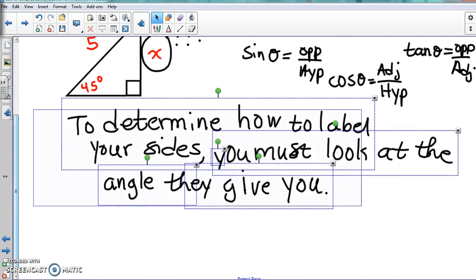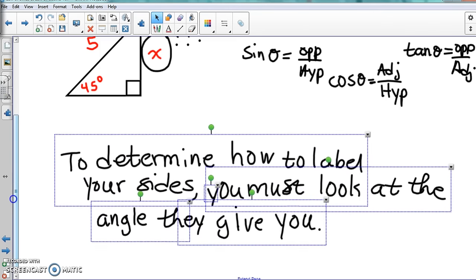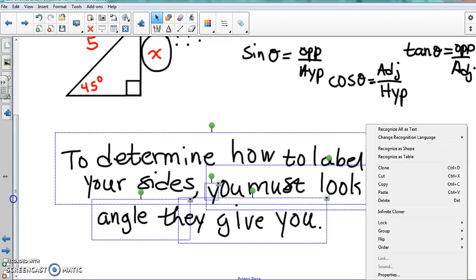So whatever angle they give you helps you know what side is what.